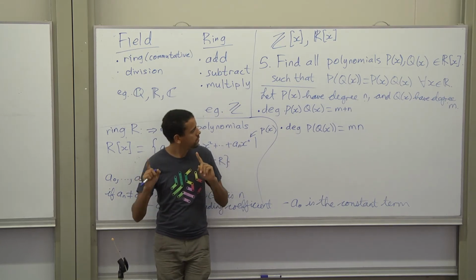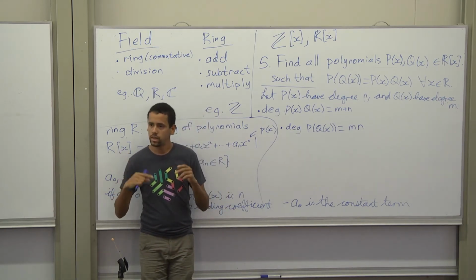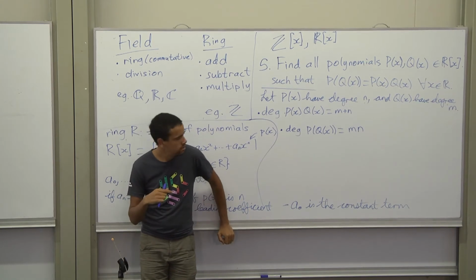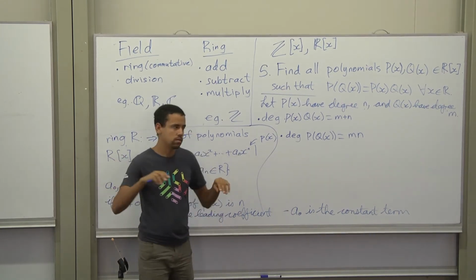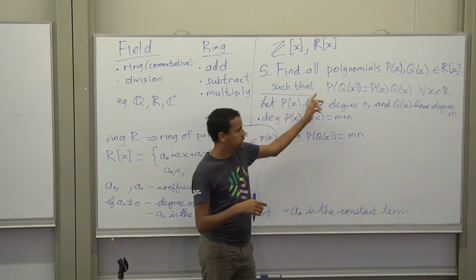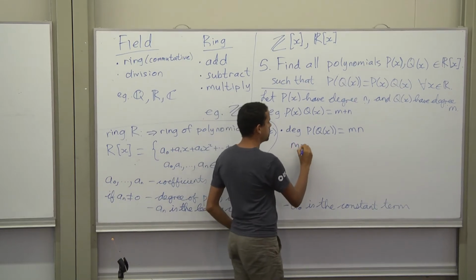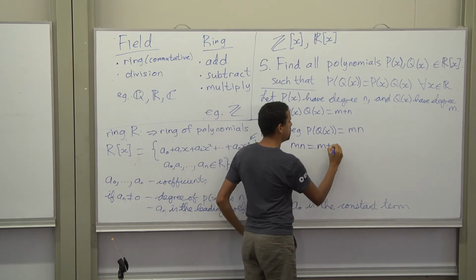If you know polynomials as abstract objects, that's not an easy thing to immediately see, but you can gloss over that. So we know that that polynomial is the same as that one, which means that the degrees on each side are equal. So mn is equal to m plus n.